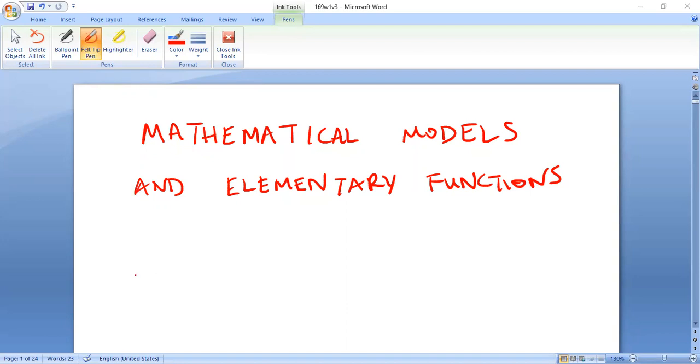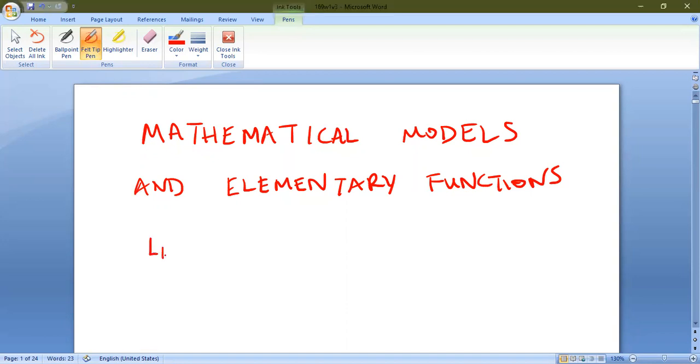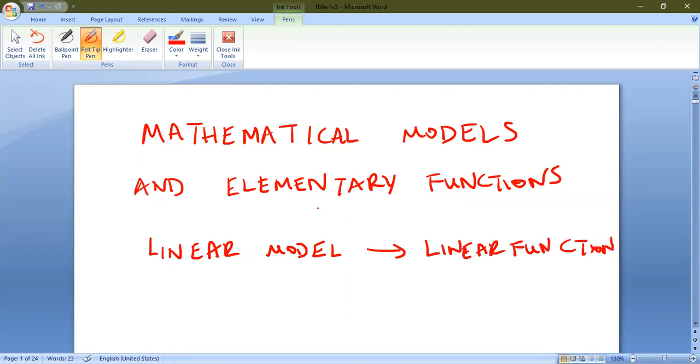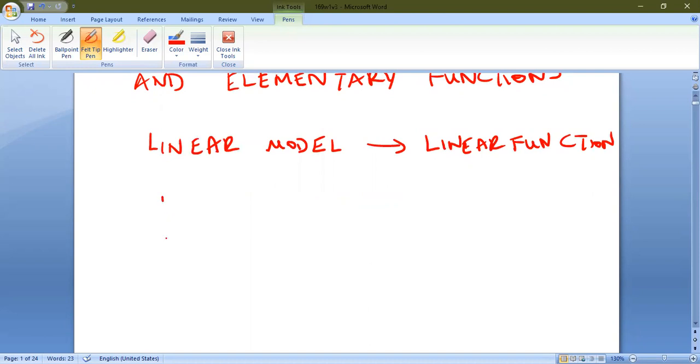First of all, for instance, if we have some linear model, then we can express this model with a linear function. What do I mean by a linear model? Let's say you have some data given by some table, and then when you plot the points, you will have points like this using the table.